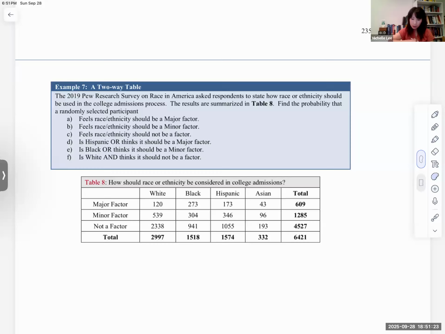Okay, so let's do this example as the last example for this section. All right, so we have this table, this is a two-way table. So we had this experience, right? Contingency table, right? So let me write down contingency table.